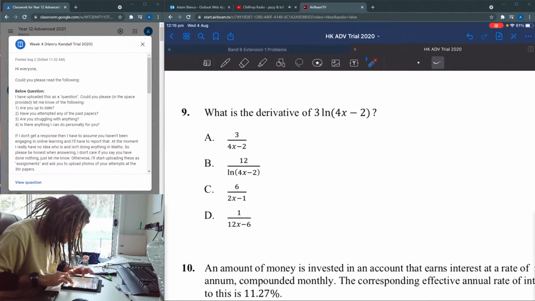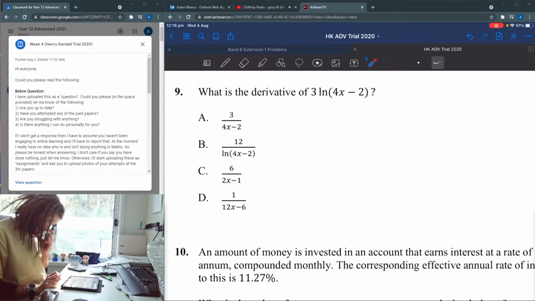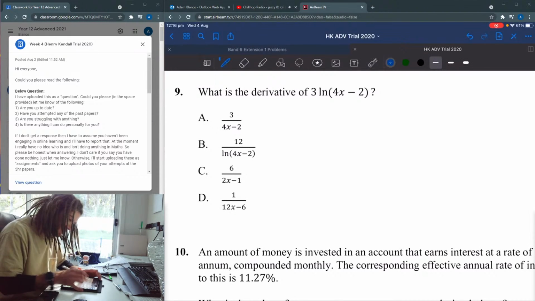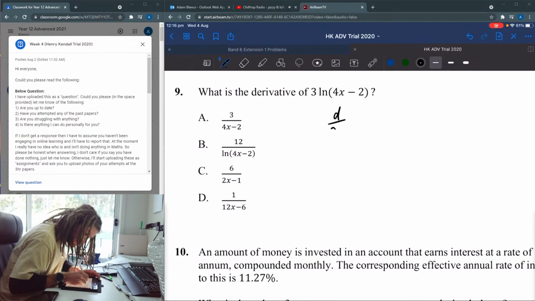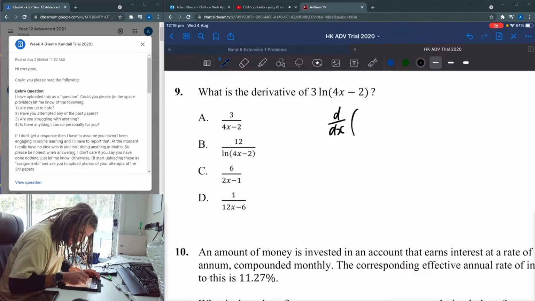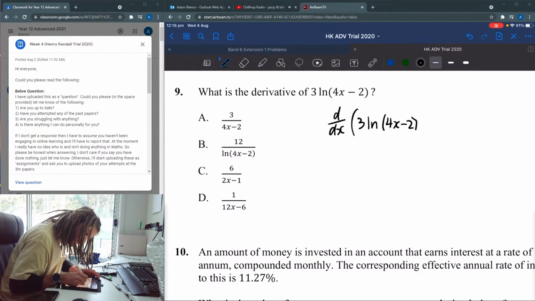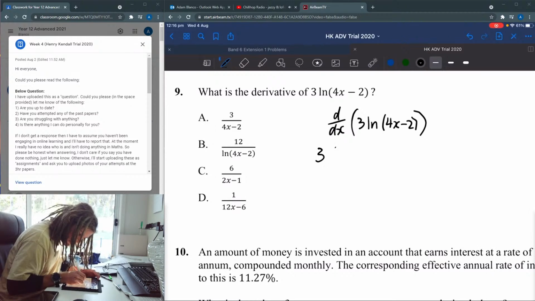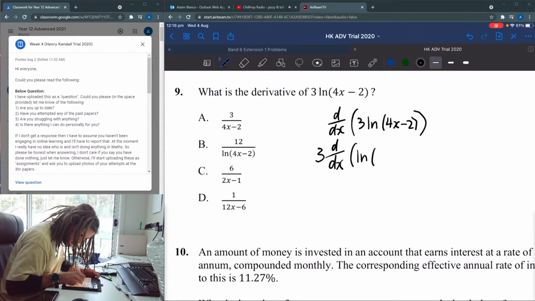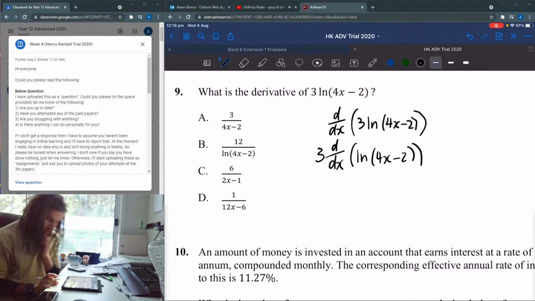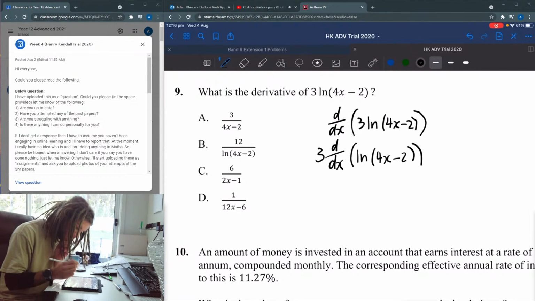Alright. The derivative of this thing. Well, let's use Leibniz notation. d/dx of 3 ln(4x minus 2). Let's move the 3 out, because I don't want to deal with that for a sec. ln(4x minus 2). The derivative of log is the derivative over the original.